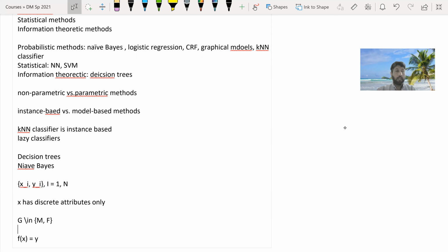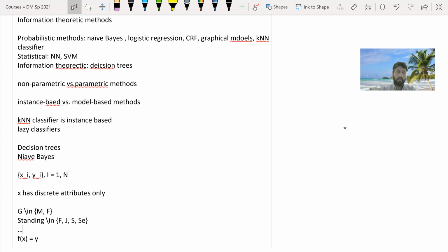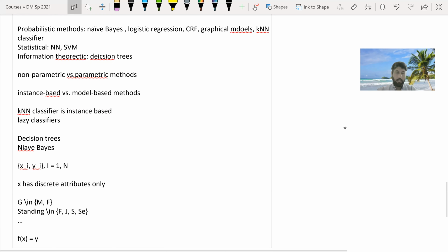Your first year, second year, third year, whatever, standing, I've forgotten the name. So let's say standing. This would be, of course, freshman, sophomore, junior, and senior, four possible values and so on. So we have attributes like these which have finite, distinct possible values.